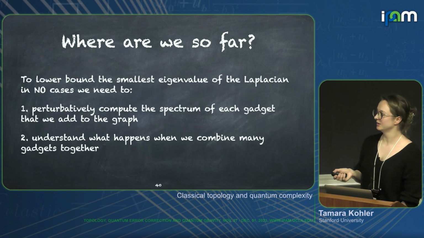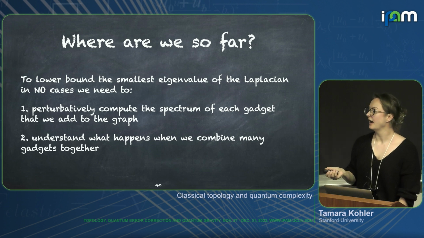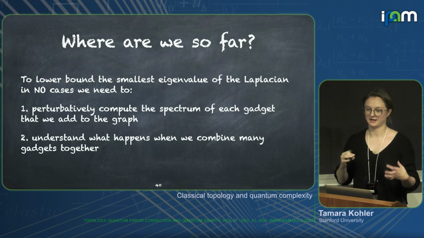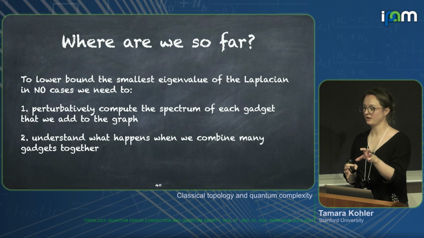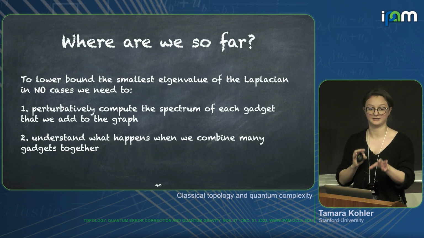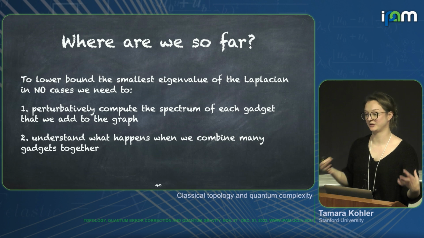Even once you've got the spectrum of the individual gadgets, you're still not home and dry. That's because we need to understand what happens when we combine many gadgets together. And this is, again, a difficult problem, because adding new gadgets to the graph doesn't correspond to adding positive terms to the Hamiltonian. It corresponds to adding general terms to the Hamiltonian that aren't positive semi-definite.